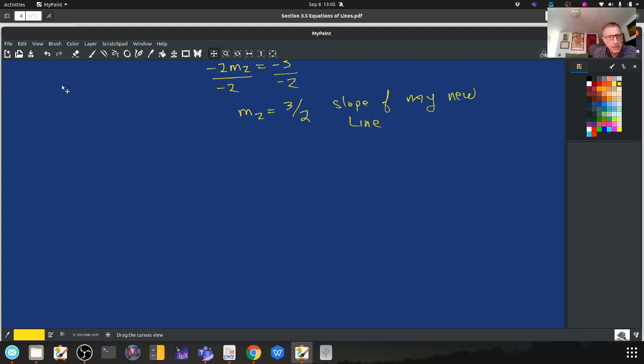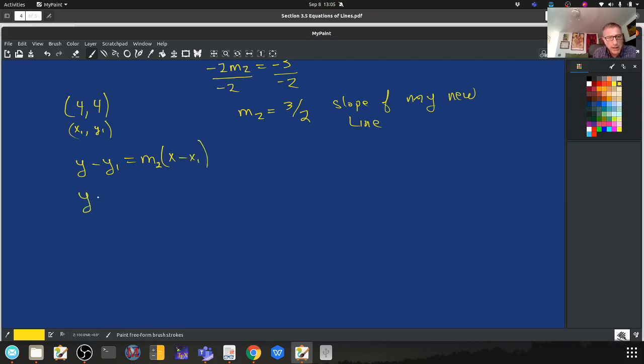We want it to go through the point (4, 4). So this is going to be x1 and y1. So y minus y1 is equal to m, in this case m2 because I'm writing the equation for my new line, times x minus x1.